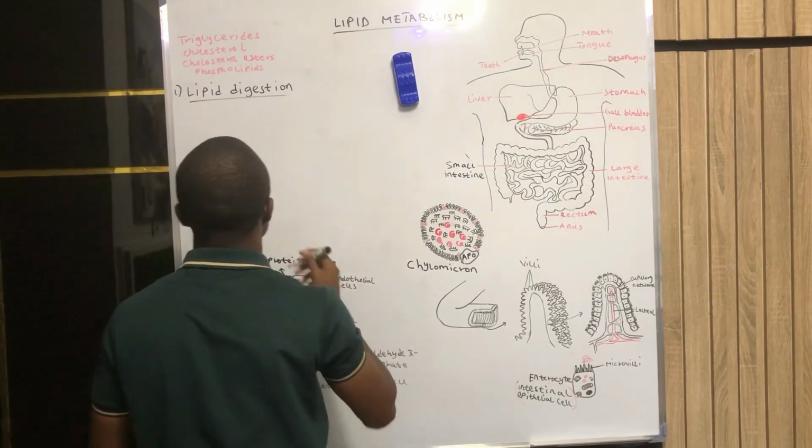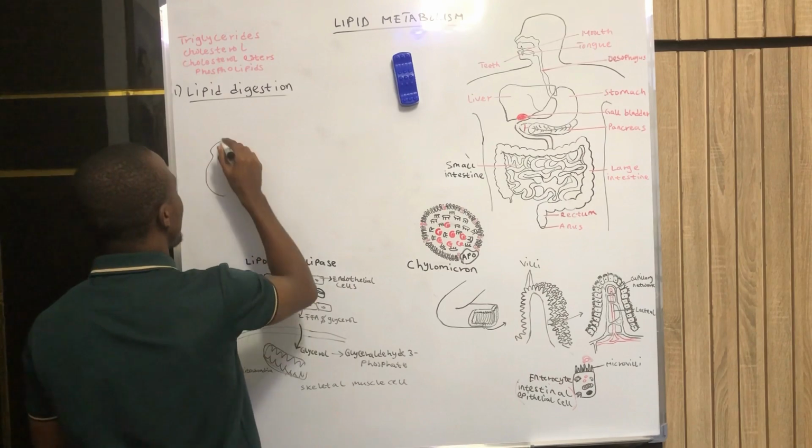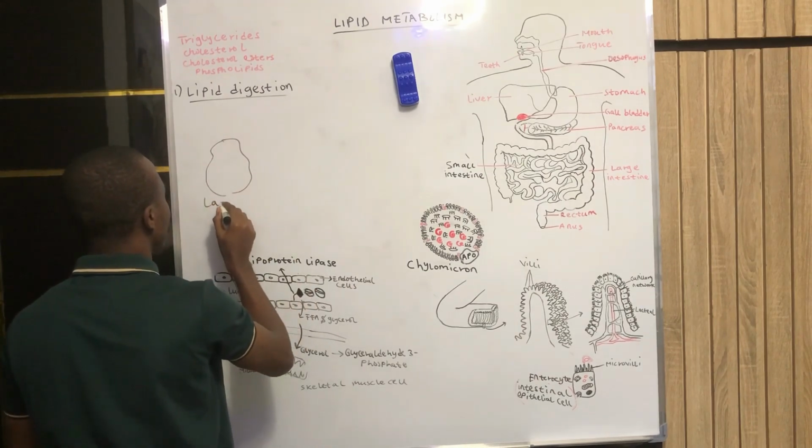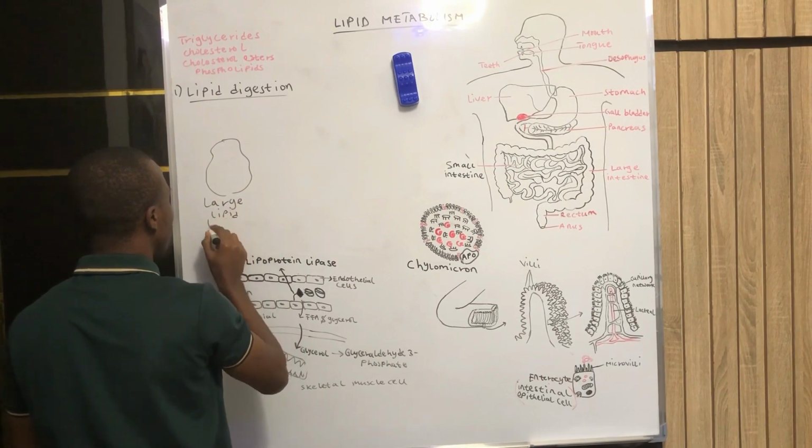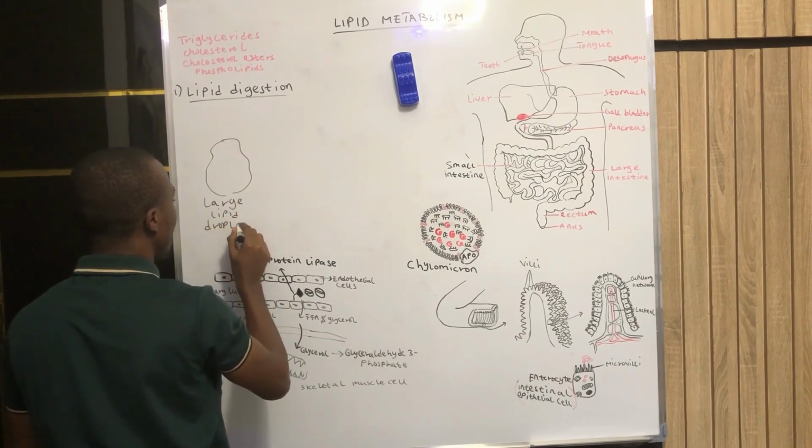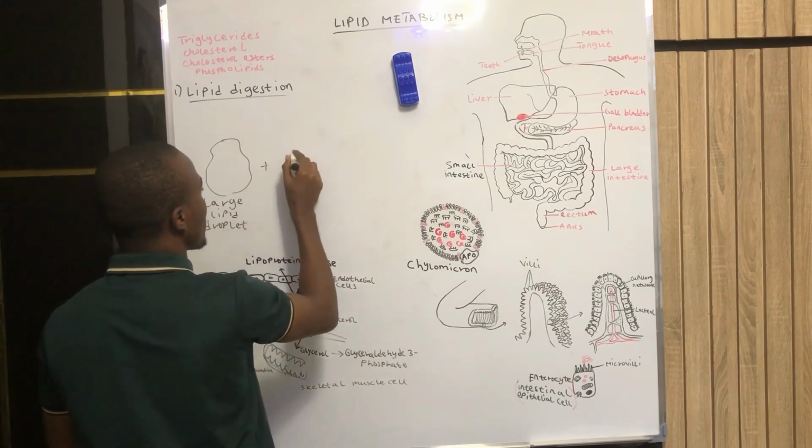Let's say this is the large lipid droplets. And this is the bile salts.